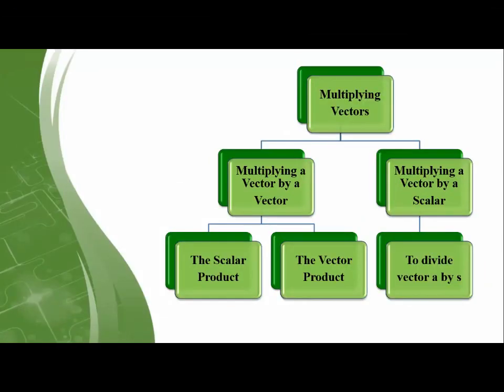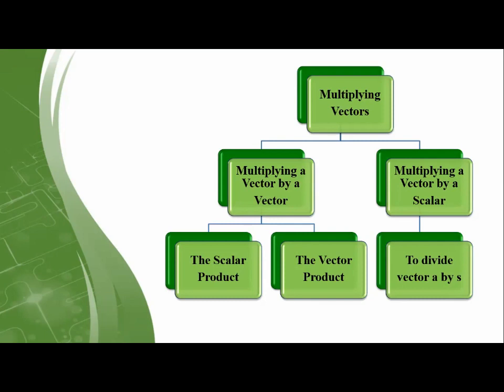Multiplying vectors. There are three ways in which vectors can be multiplied, but none is exactly like the usual algebraic multiplication. Multiply a vector by a scalar. If we multiply a vector A by a scalar S, we get a new vector.